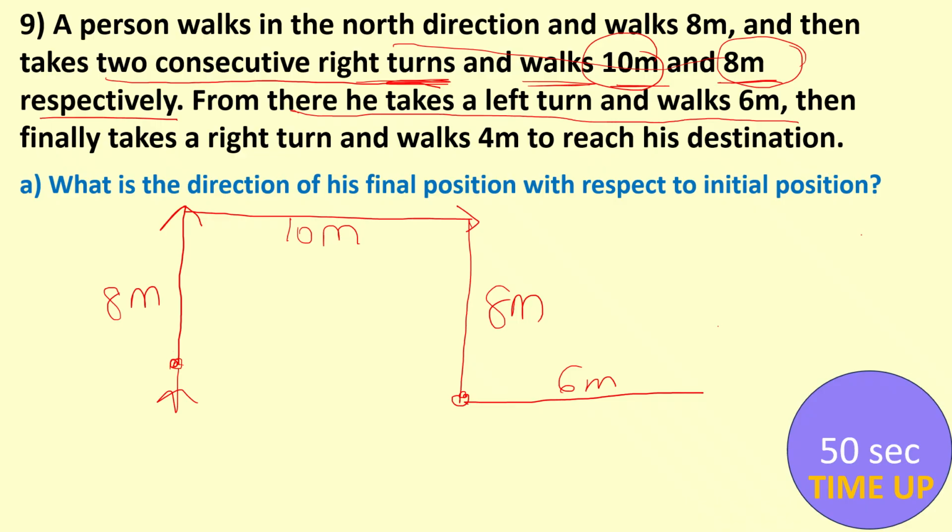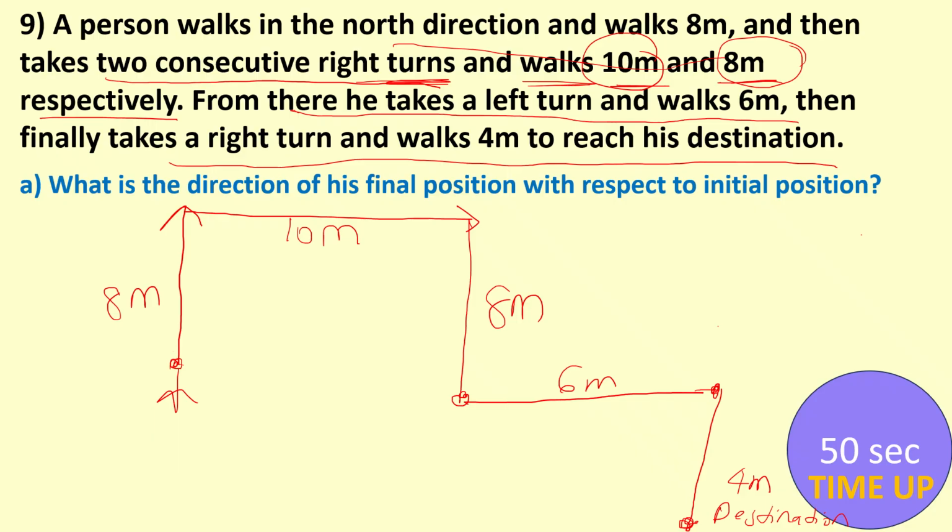Finally takes a right turn and walks 4 meter to reach his destination. Then he takes a right turn and walks for 4 meter. Now this is his destination.